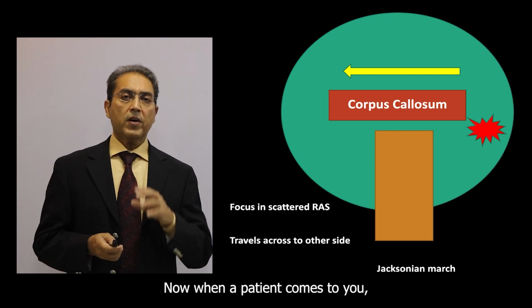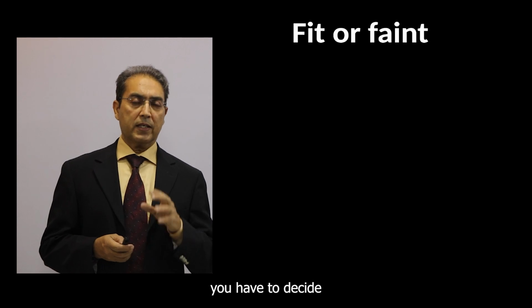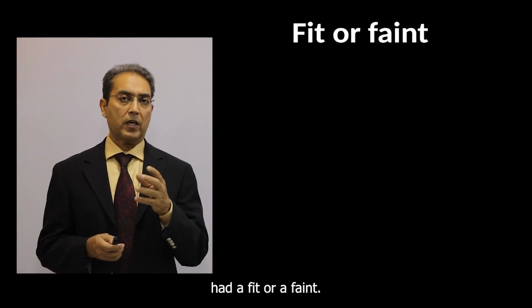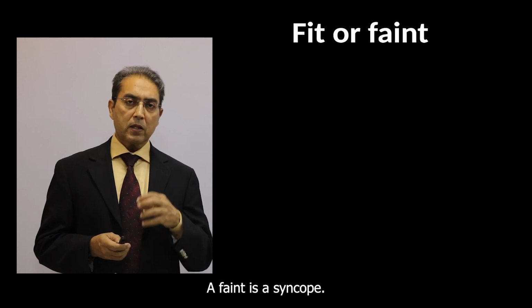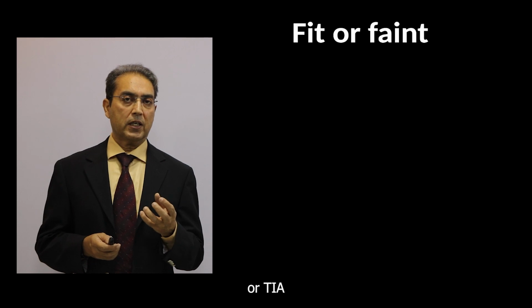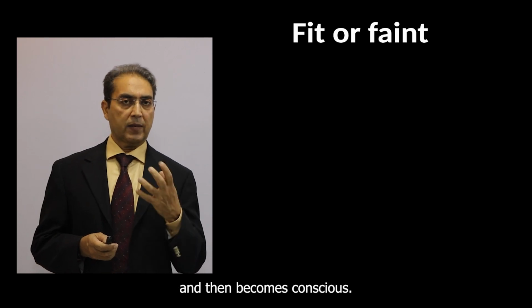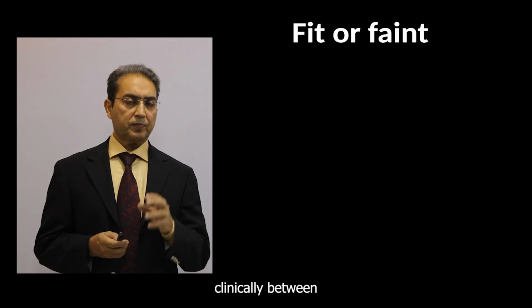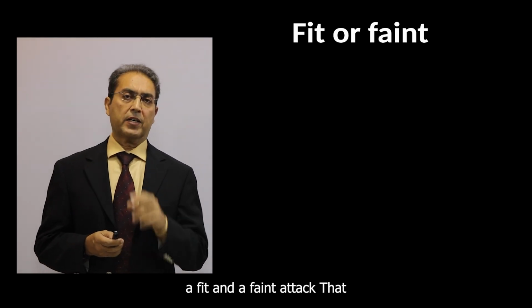Now, when a patient comes to you, you have to differentiate whether this patient had a fit or a faint. A faint is a syncope. A third differential is that the patient may have a transient ischemic attack or a TIA, in which the patient becomes unconscious and then becomes conscious. Now, how to differentiate clinically between a fit and a faint attack?